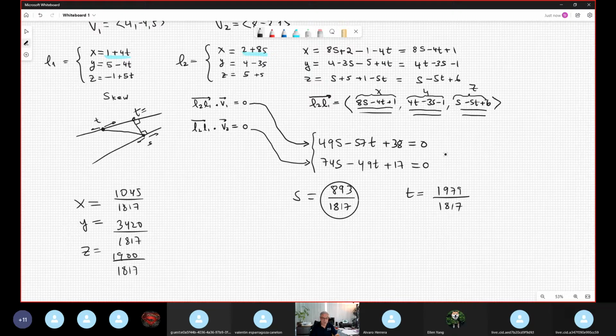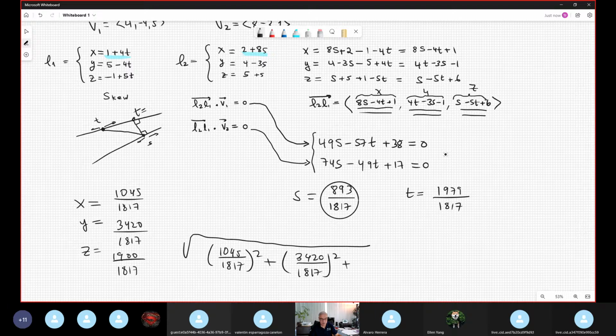Okay, finally, you want to find the magnitude of this vector. You apply the square root to this guy. Square root of this guy, the magnitude of this vector. Big square root of this plus this squared plus this squared.